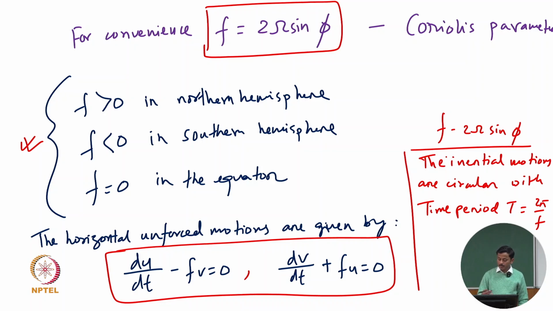This is the same as the previous case. However, the definition of f is now 2 omega sin latitude.